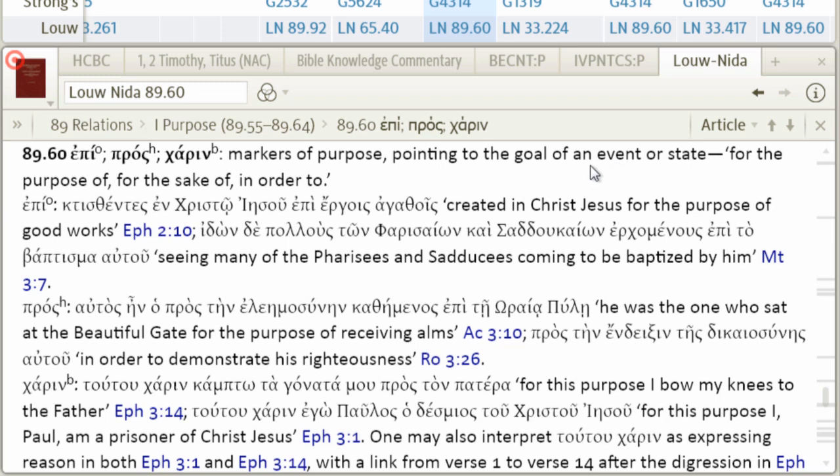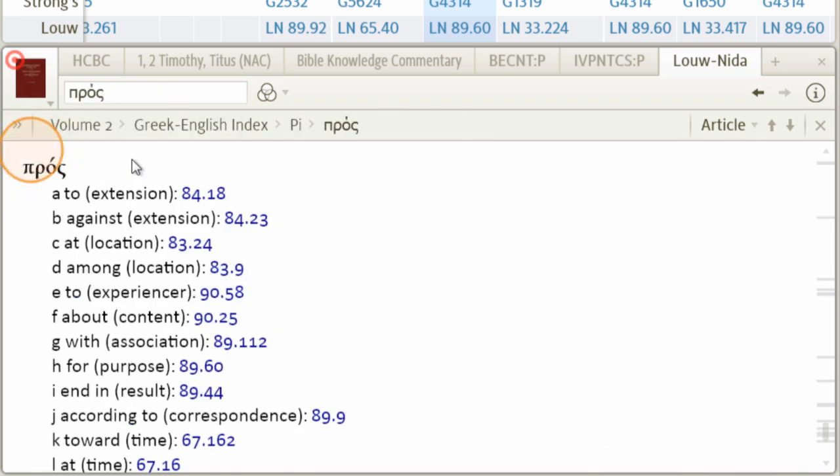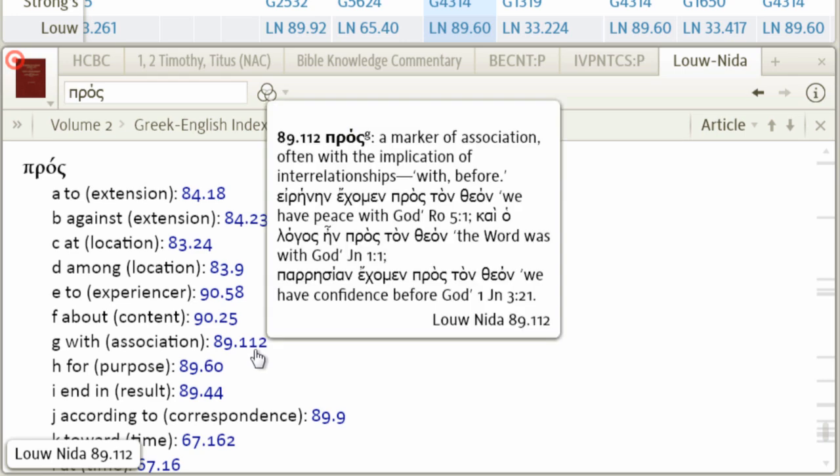But what if the word that the preposition was in relationship with was not a word that could represent an event? Let's go back and double-click on pros. And you see that pros can also indicate association, as in domain number 89.112.